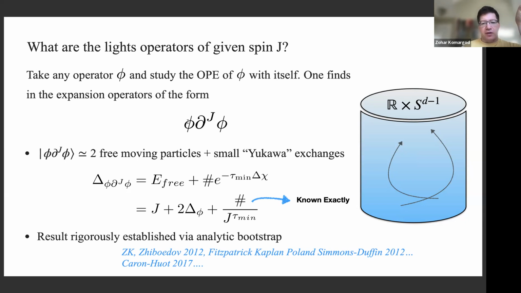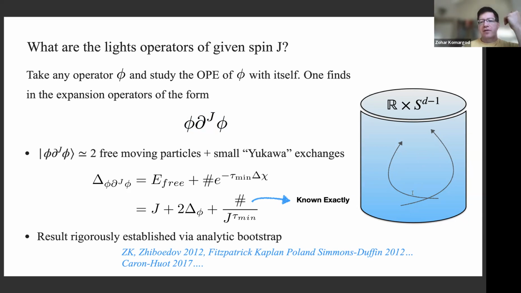So what is the picture for this ground state? It's very different from a black hole. You can think about it on this auxiliary sphere as two particles that are rotating around each other at a very large angular velocity. Or in AdS, you can think about it as two particles that are rotating far from the center of AdS. So it's a similar picture.